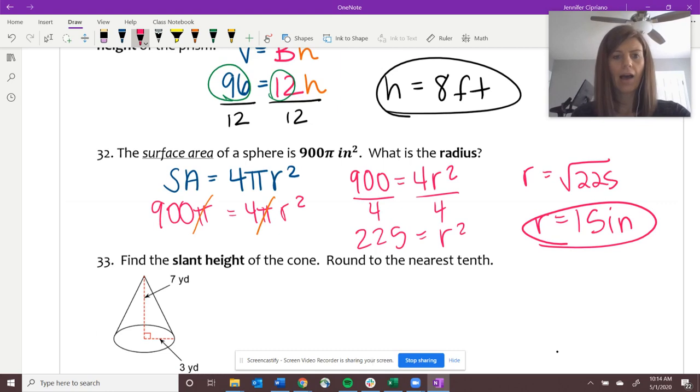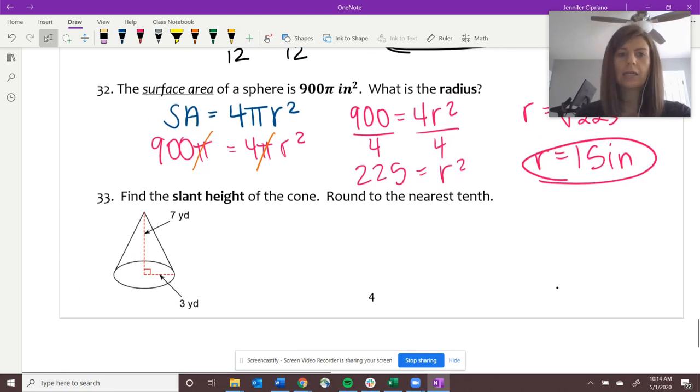All right, and then the last one, we did an example like this in your notes, where we have to find the slant height. The height and the radius and the slant height always make a right triangle, so you can always use the Pythagorean theorem to find the slant height if you're not given it.